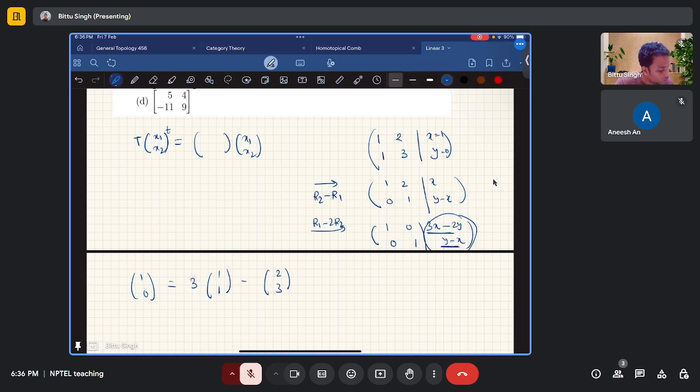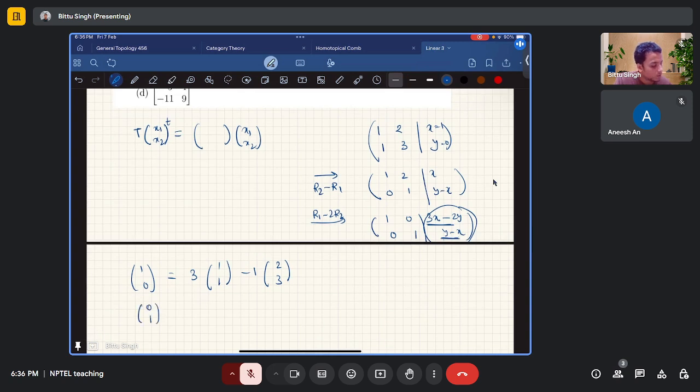This is minus 1 actually. Similarly (0, 1) also can be written this way, where instead of (1, 0) we put x equal to 0, y equal to 1.